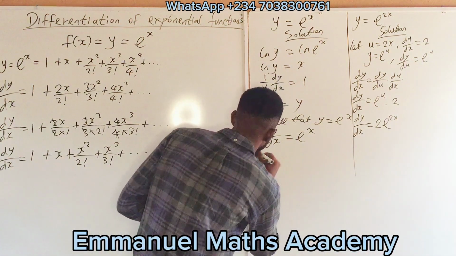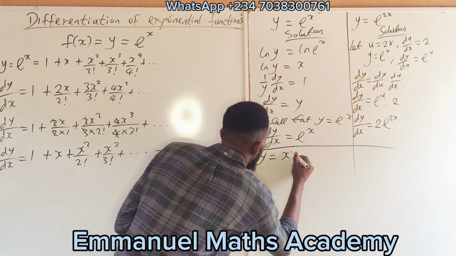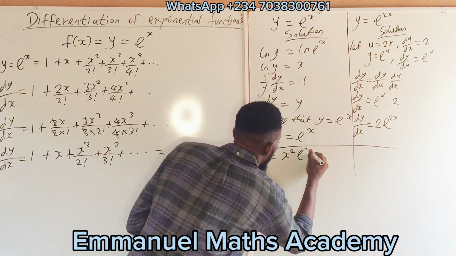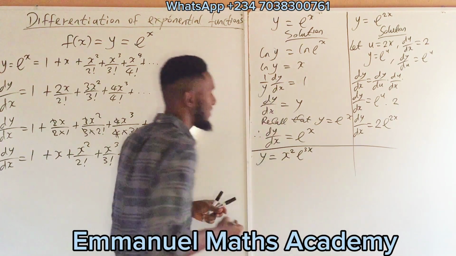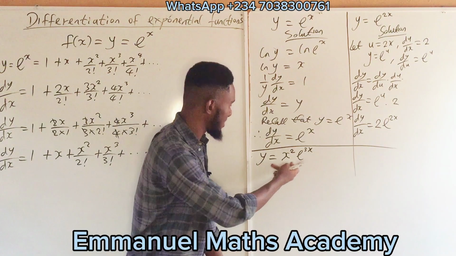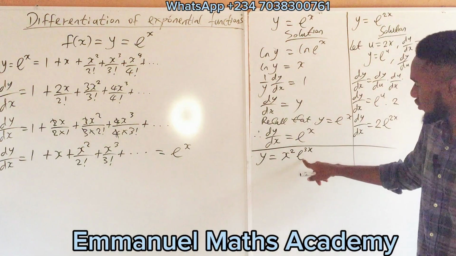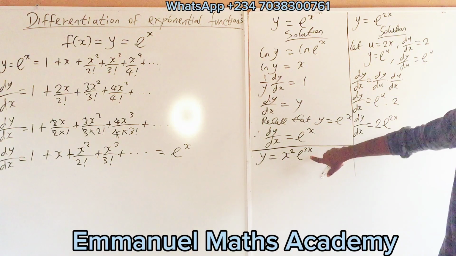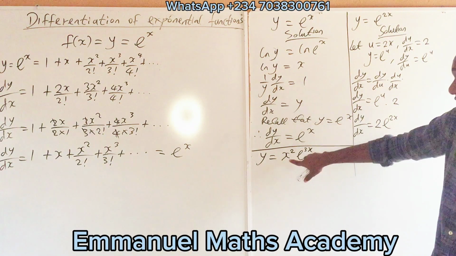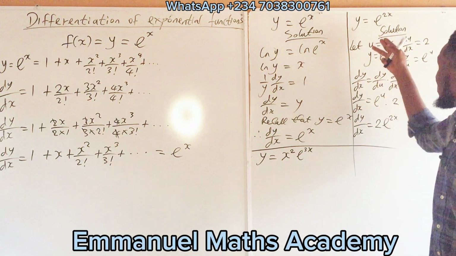Let's say you are given y equal to x squared exponential 3x. To find your derivative, you apply product rule, because this is multiplying this, right? If this is multiplying this, you apply product rule. Then when you differentiate this side, which is our v, because this is our u, this is our v, you now apply the chain rule, right?